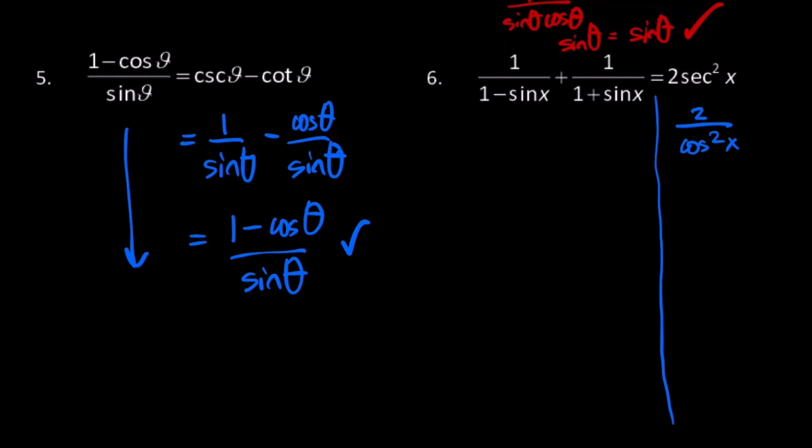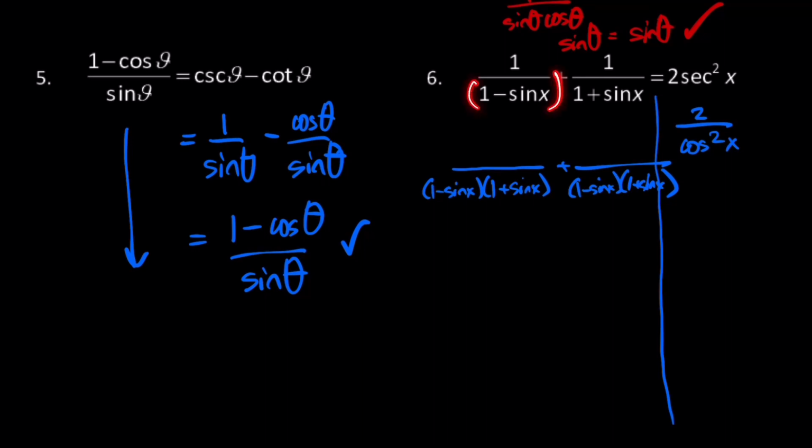All right, well, here's the challenge. I need to add 2 fractions. The only way to add 2 fractions is to get common denominators. Well, the denominator here is going to be, I got to write small again, 1 minus sine x times 1 plus sine x. Right? I've got to include that. How do I get the denominator?